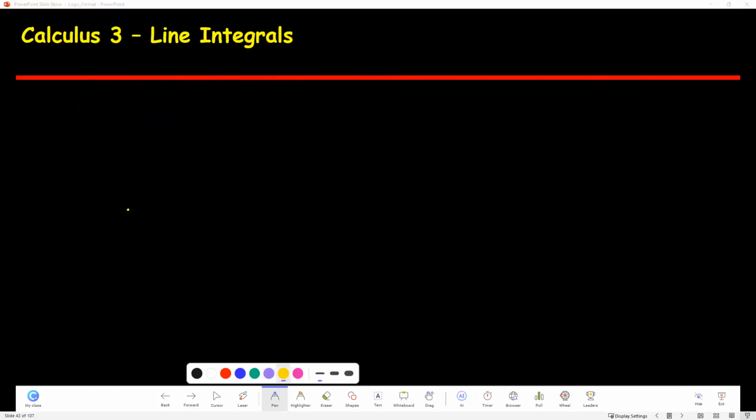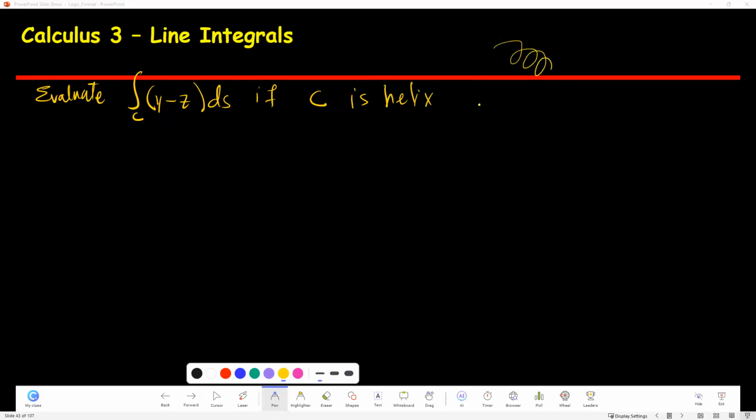Let's look at another example. I'm going to evaluate the integral if C is a circle or C is a helix. Helix is just like this shape.